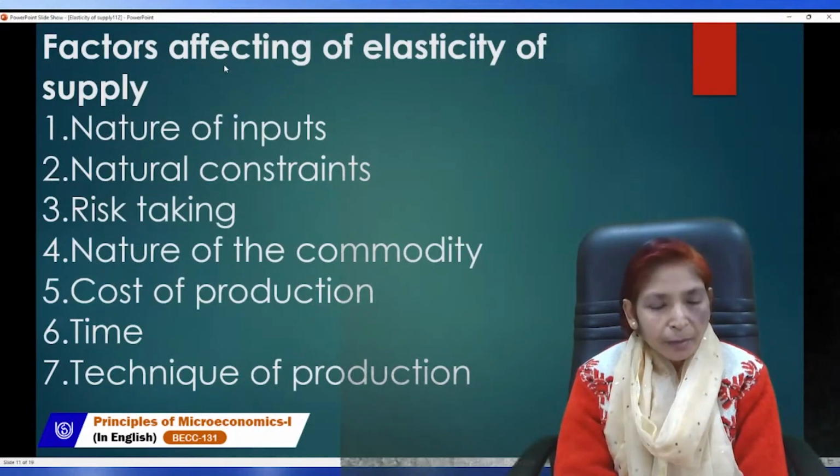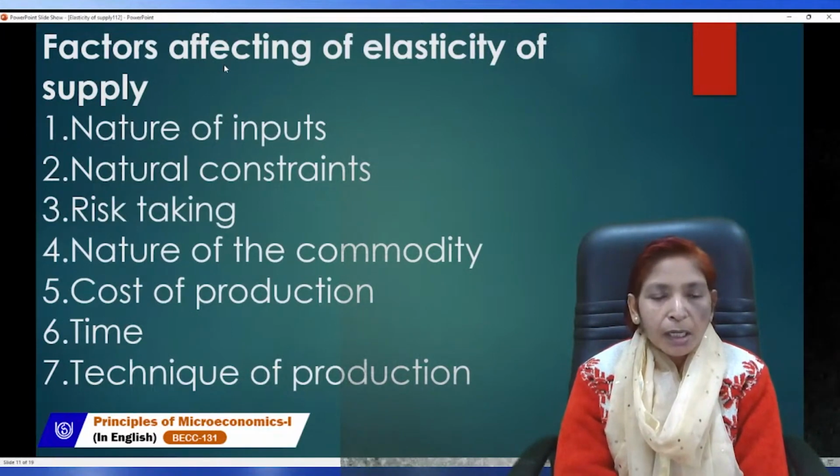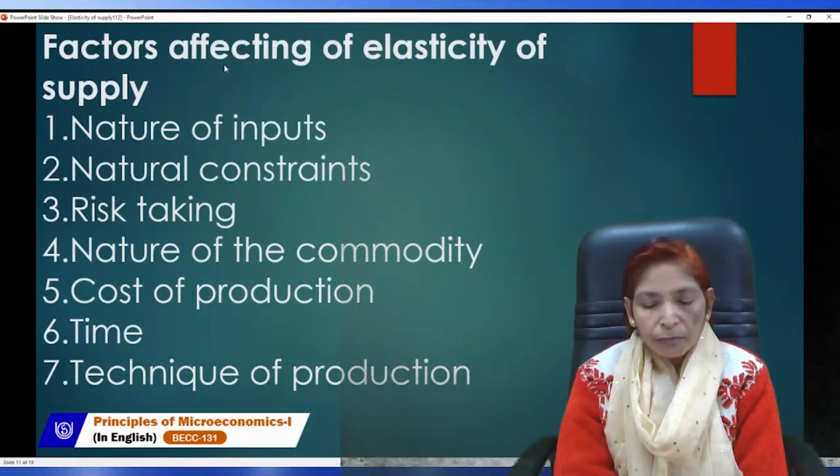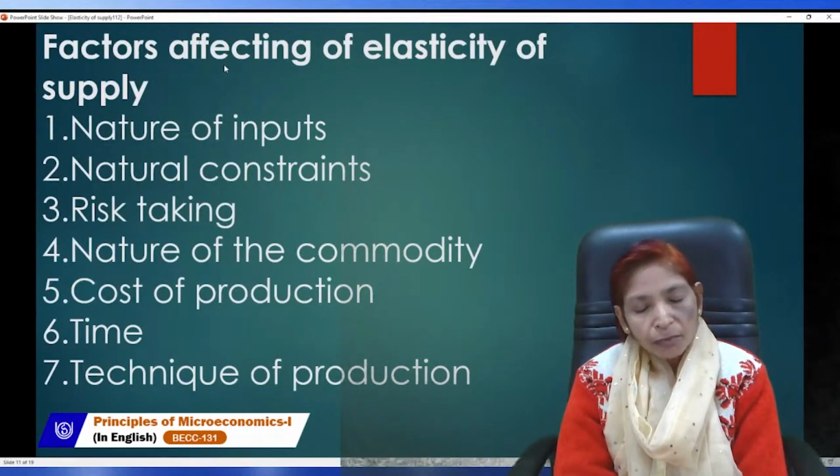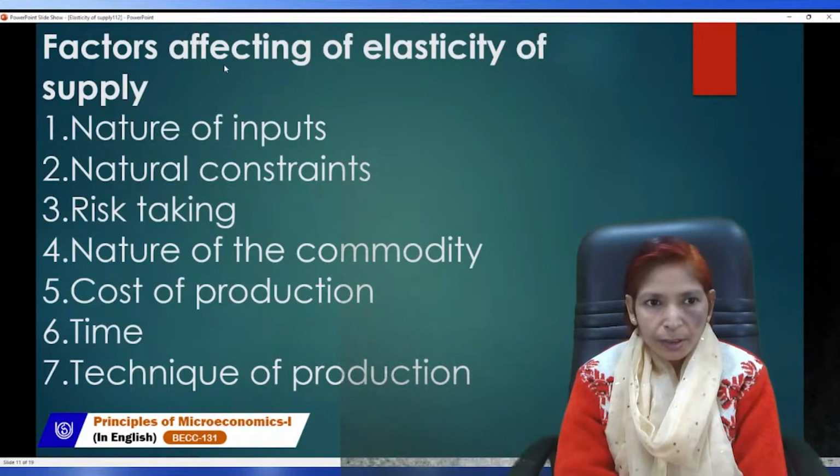It is affected by the nature of inputs. Inputs mean, because in case of production, when we use input, then we can get output. Here inputs like land, labour, capital, manure are the primary inputs of production.